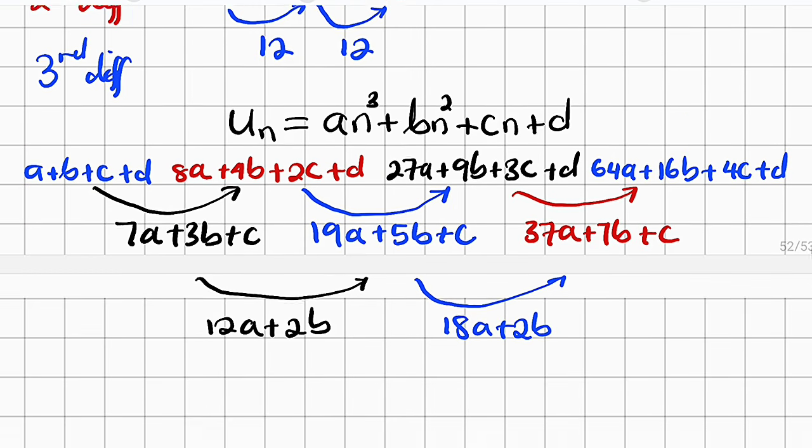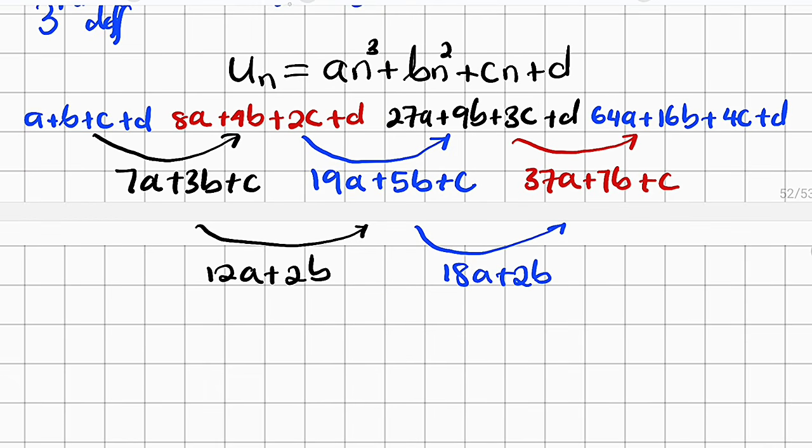C minus c is 0. Then the third difference. Remember we got third difference previously. From this to this. 18 minus 12 will be what? 6, right? 6a. 2b minus 2b is 0.